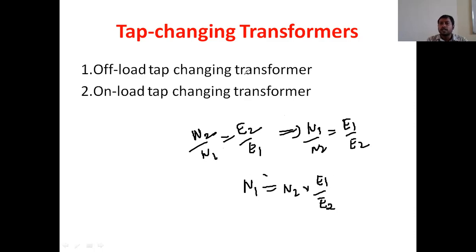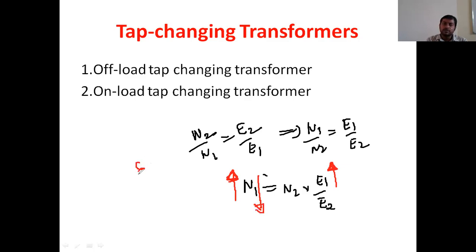Look at this one. As we increase the number of turns, the induced EMF at the primary also increases. If we decrease the number of turns, that is the tapping position.